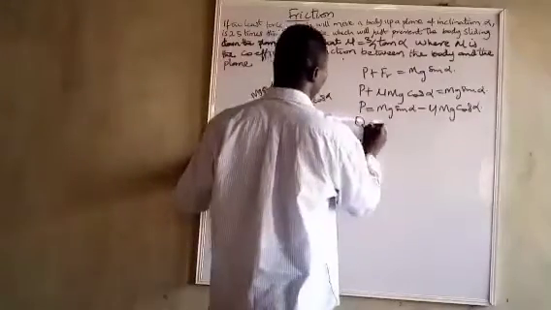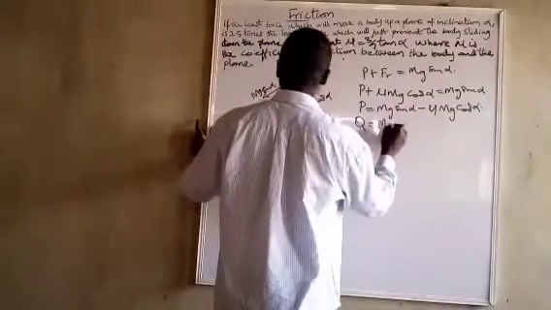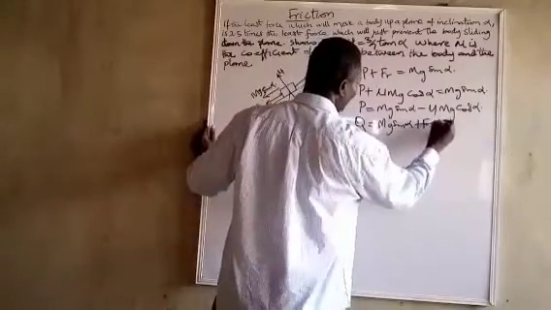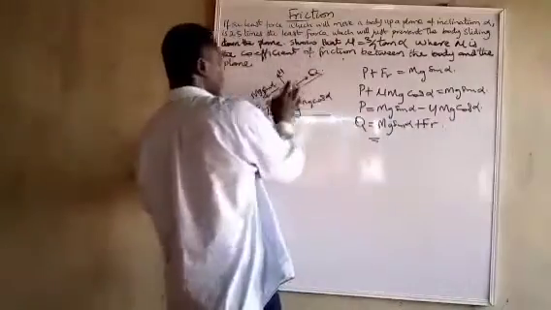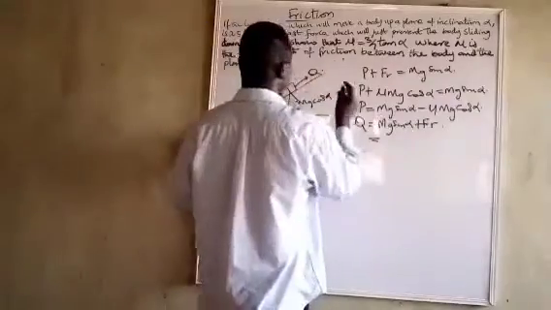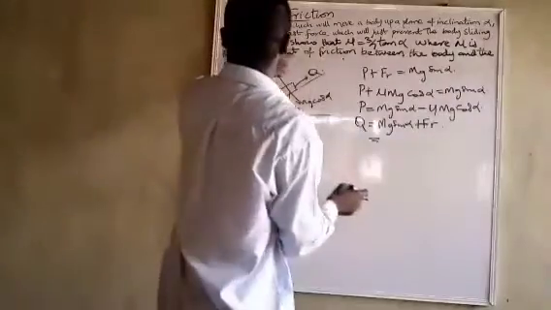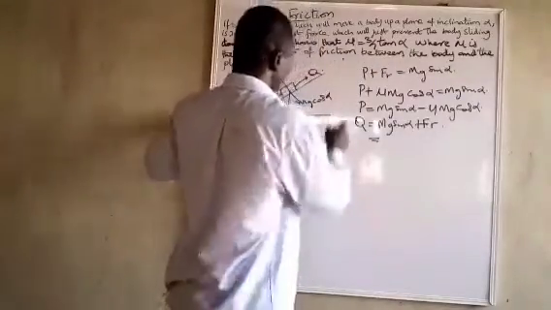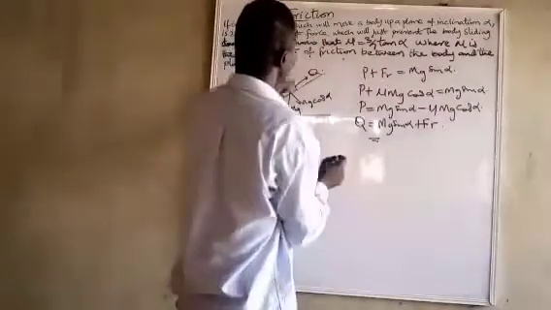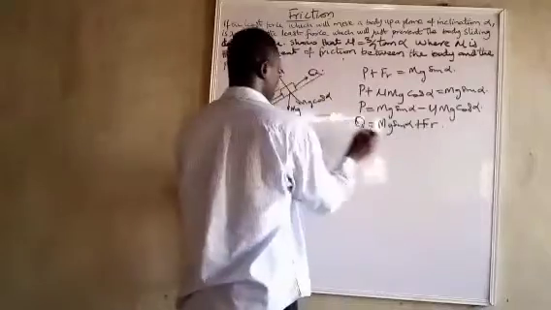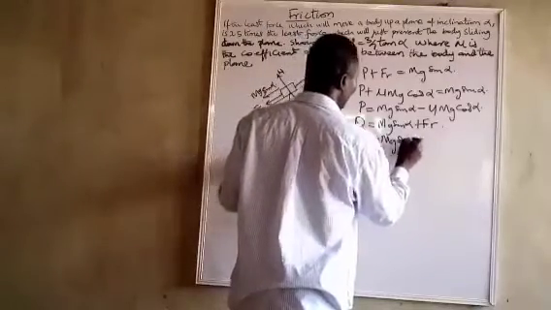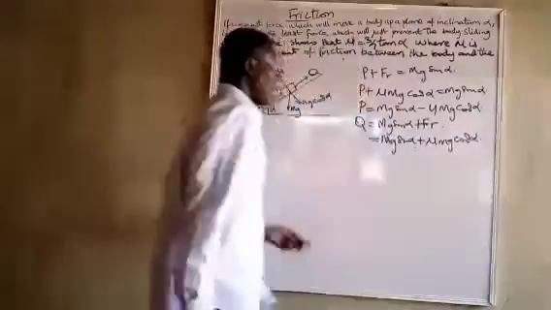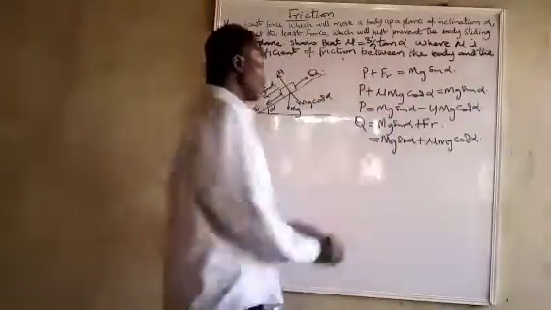So Q will be equal to mg sine alpha plus FR this time around, because the body is being moved up the plane, and that is mg sine alpha plus mu mg cos alpha. And from the question, we realize that Q is equal to 2.5 P.